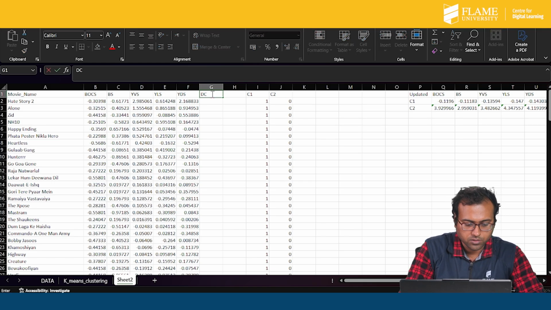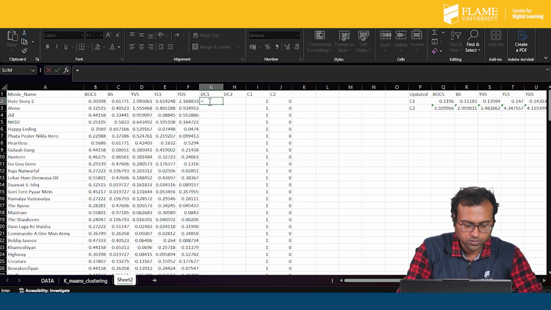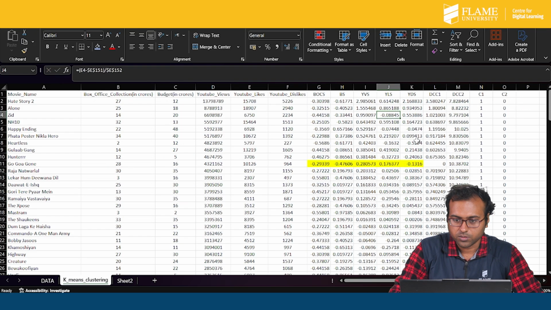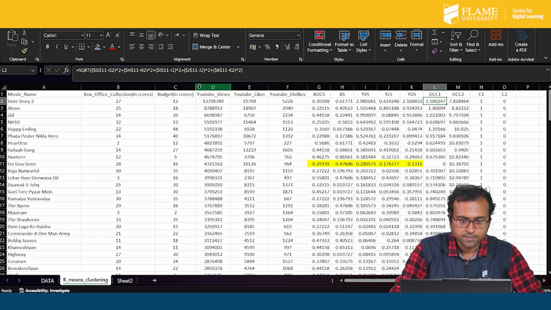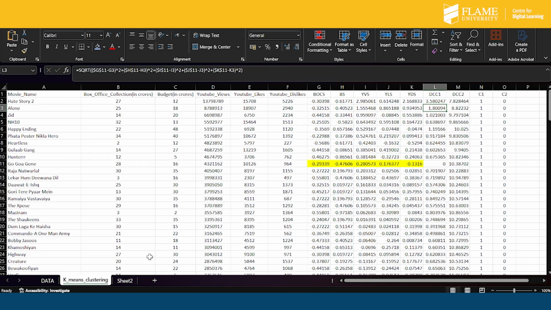Distance from cluster 1 and distance from cluster 2. Again you have to use the square root. So let us copy and paste the entire formula from the previous sheet. I have to just change the numbers, nothing else, the cell numbers basically.